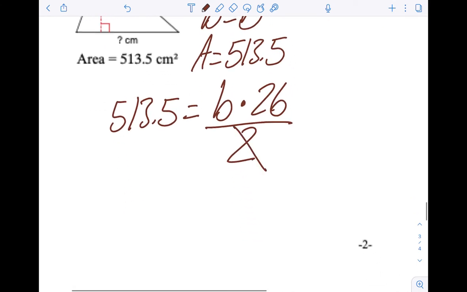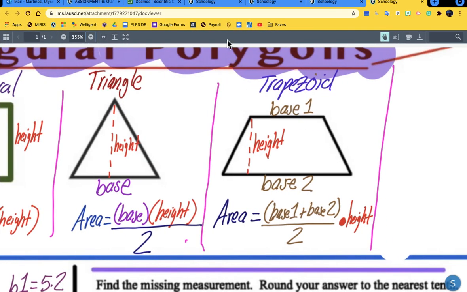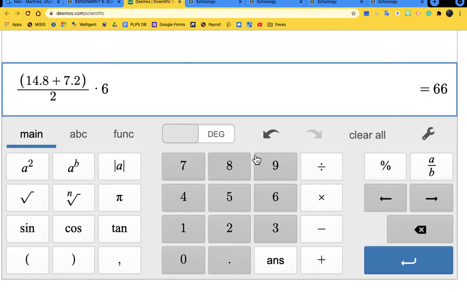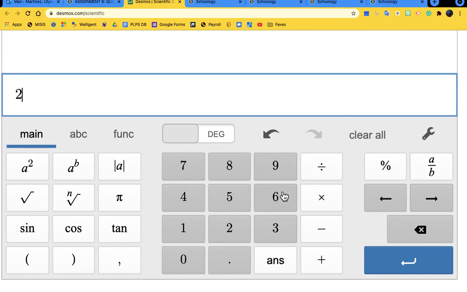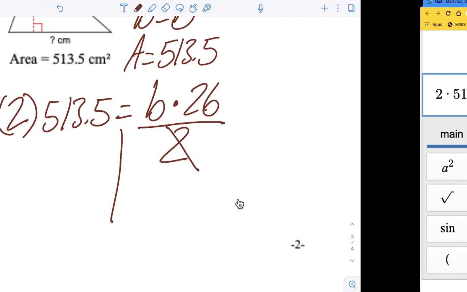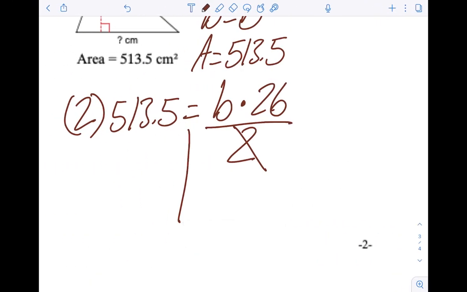The opposite of dividing by 2 is multiplying by 2. Right? 2 times 513.5. I'm not sure that one off the top of my head. 2 times 513.5. 0.5 is 1027. So I get 1027 here. And B times 26 is 26B.